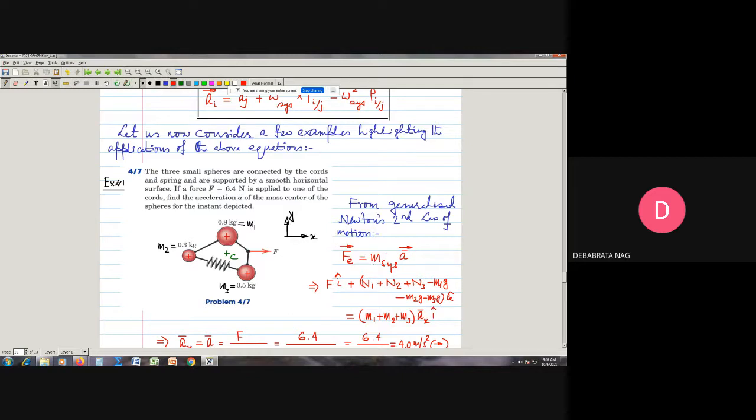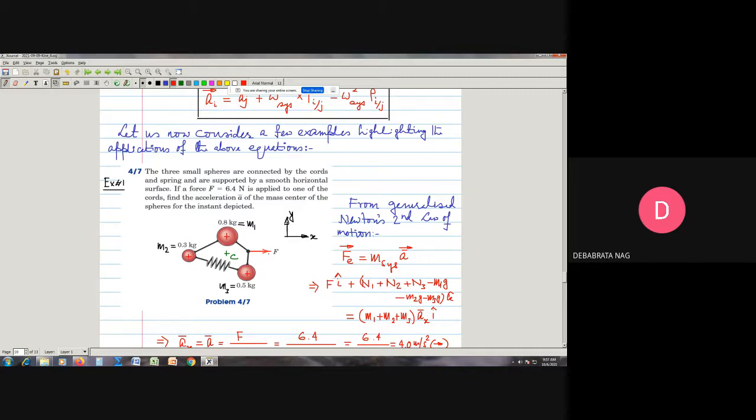So this is a vector equation. If we express this F bar E, remembering that this represents the sum of all the external forces acting on the system, we can say that it will be F i cap.